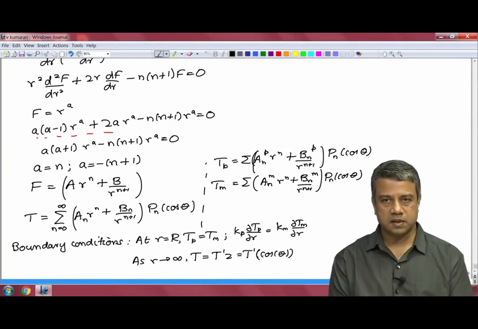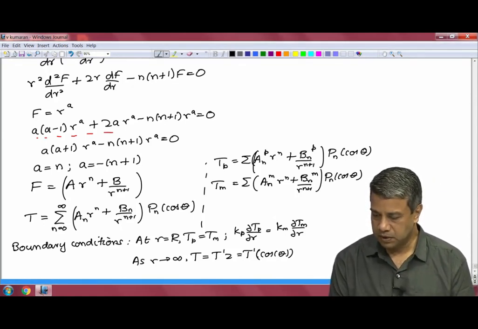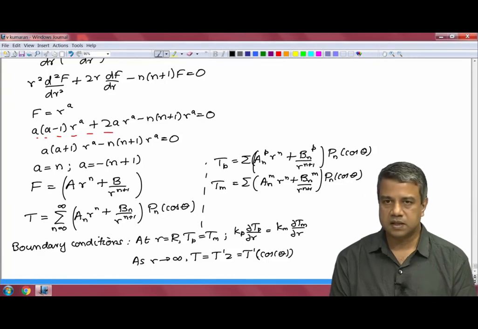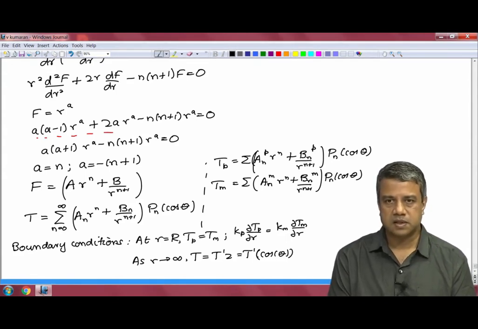So, using these boundary conditions, we have to determine what is the temperature field in the particle and the matrix, and from that what is the correction to the flux in the particle and the matrix.